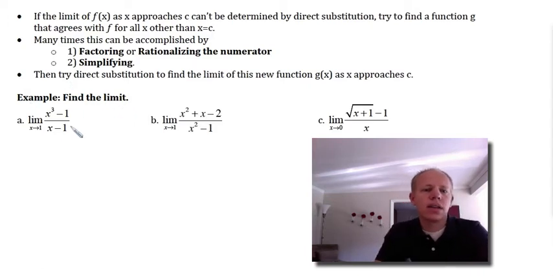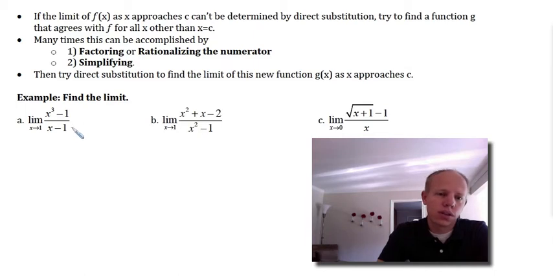So we want to find the limit here of x cubed minus 1 over x minus 1. So this is our rational function. And you'll notice if we plug 1 in for x, we get 1 minus 1 in the numerator, and so direct substitution fails. So I'm just going to write DS fail here, just to remind us we can't plug in 1.